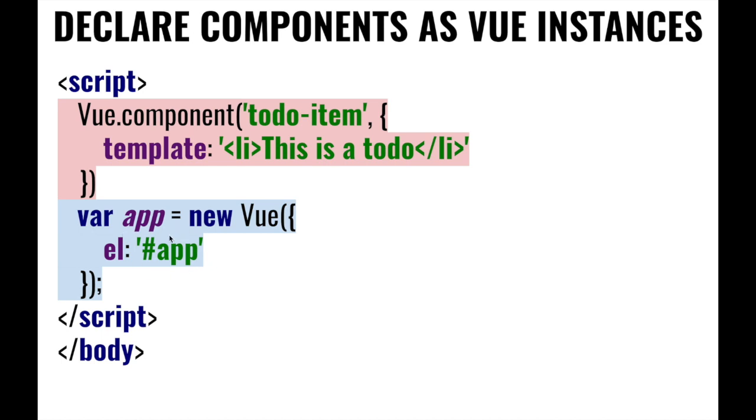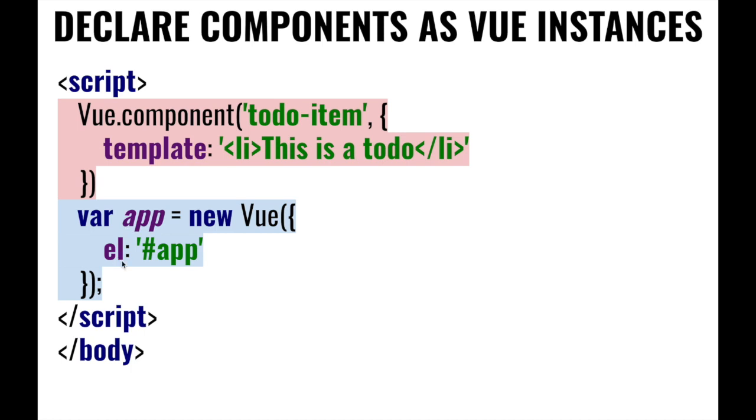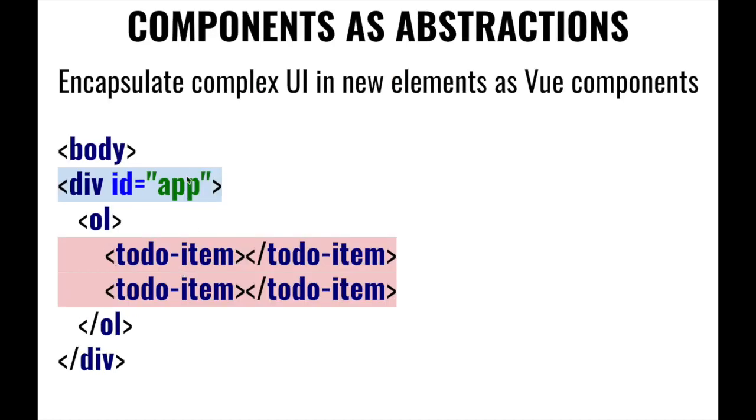So let's look at the app element and see how it refers to this component. So here it is. This is the div that represents the application. We have the identifier here, which is exactly how we declared the Vue that's going to be rendering in. And then in there, we have references to our to-do item element that we declared earlier as a Vue component.